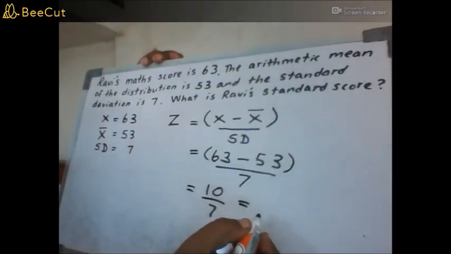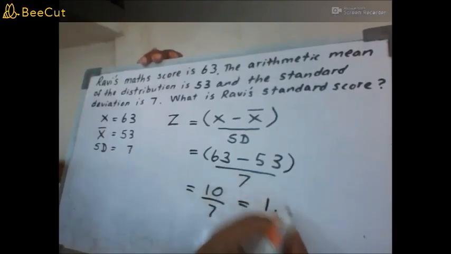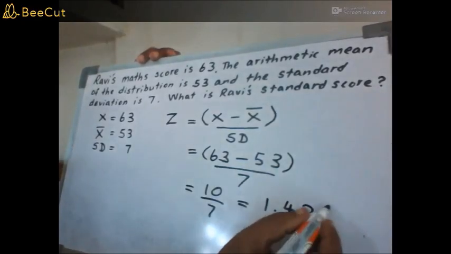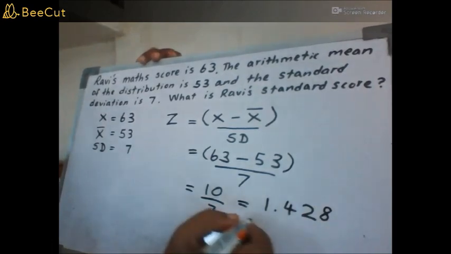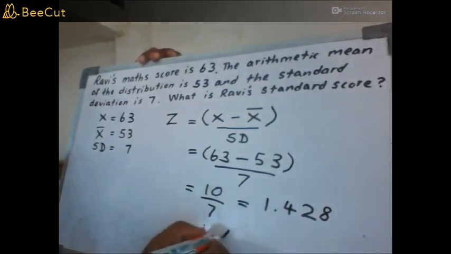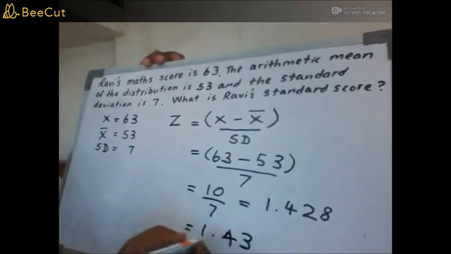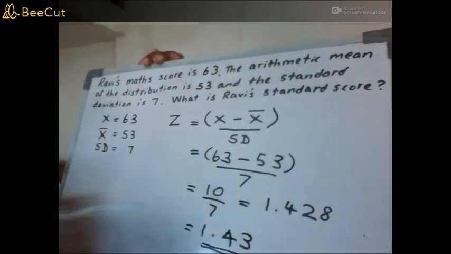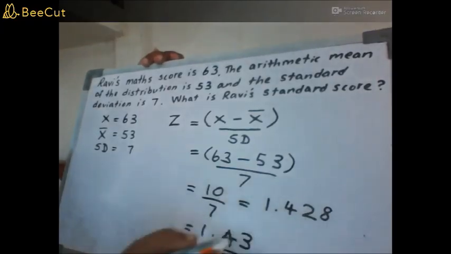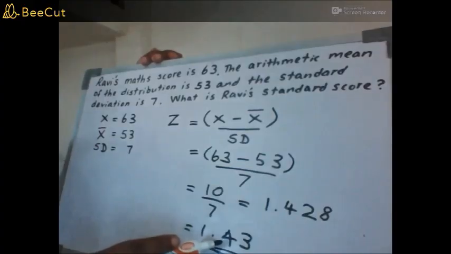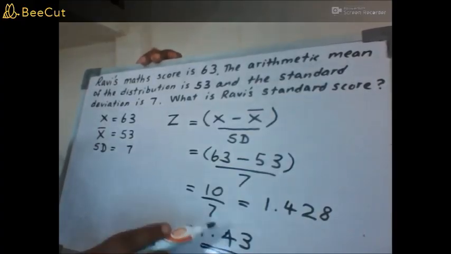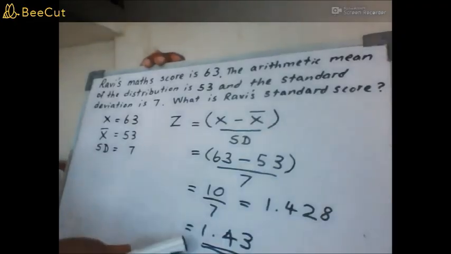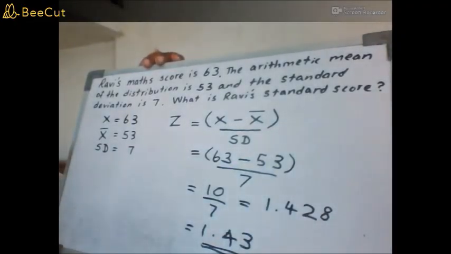The answer is 1.43, to 2 decimals. Calculate the third decimal and round to 2, because when you use the normal distribution table, you have to have 2 decimals. So this is Ravi's standard score, 1.43.